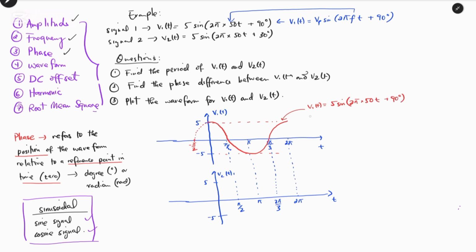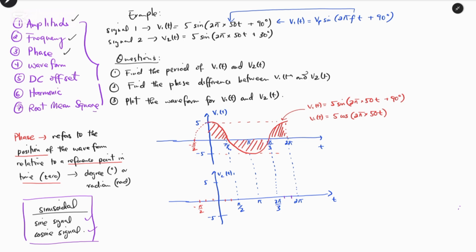And we previously said V1(t) can also be equal to 5 cosine(2π times 50t), and this region represents the waveform of the cosine signal. For V2(t), if this is 90, we can have 60 and 30, and minus π/2 in this region.